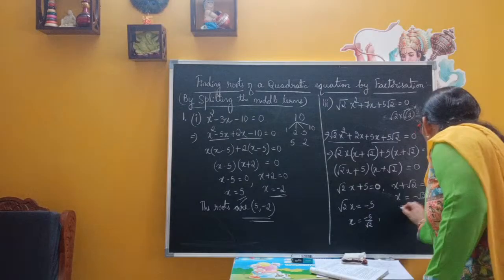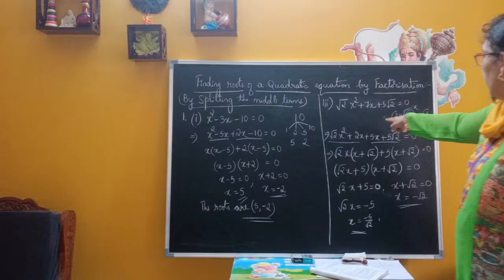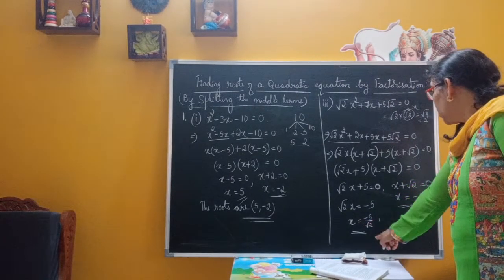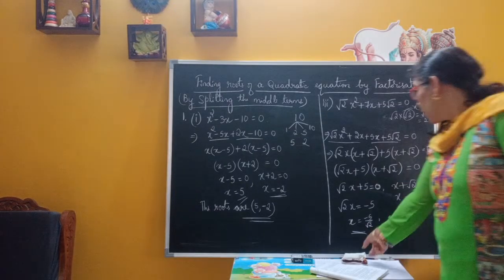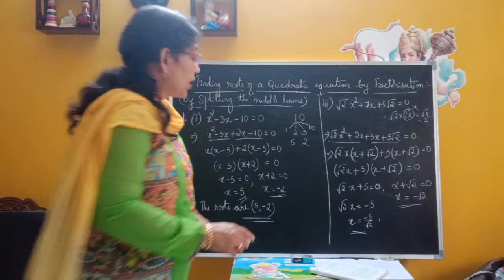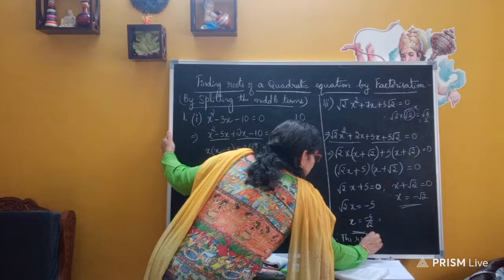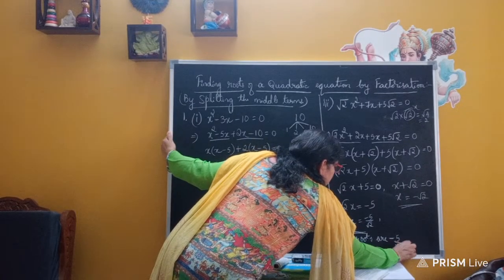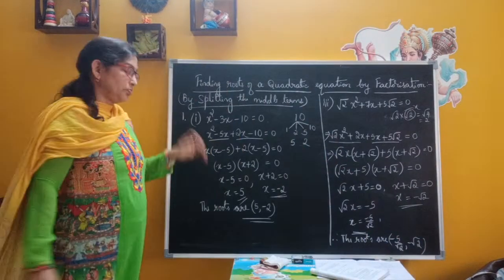So we got the roots of the given quadratic equation, or zeros of this quadratic equation, minus 5 by root 2 and minus root 2. Therefore you can write the conclusion now. Therefore the roots of the equation, or the zeros of the quadratic equation, are minus 5 by root 2 and minus root 2. Okay, this is the answer.